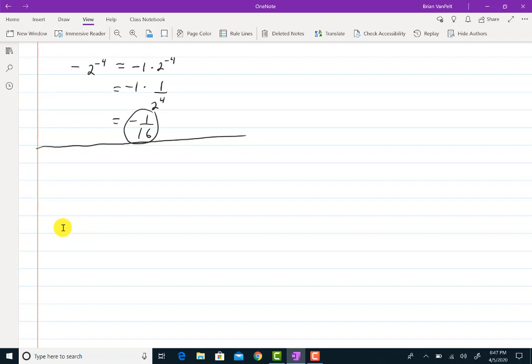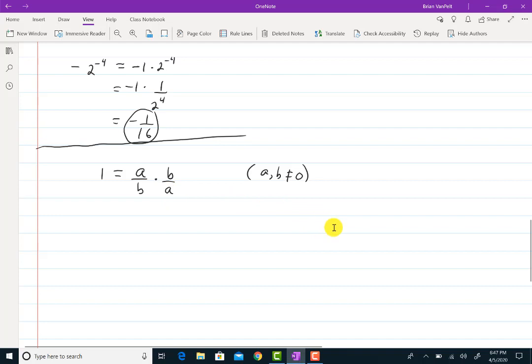Let me develop some more rules while I'm at this. What if I have 1? This may look weird, but a divided by b times b divided by a. So the rule I'm making up here is that neither a nor b can be equal to 0, because b is in the denominator here and a is in the denominator here, so they're obviously not allowed to be equal to 0.